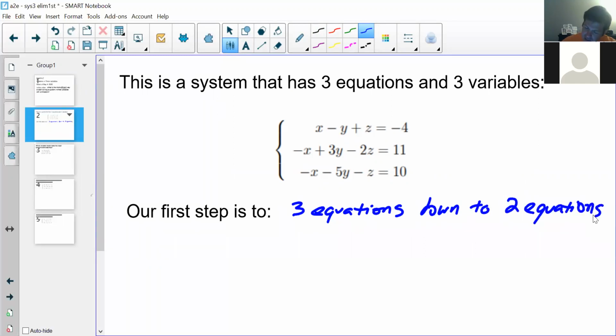So kind of like what we did last week with elimination, our hope here early on is to eliminate one of the variables. And which variable that is doesn't technically matter. What I'm going to do here is explain to you, hopefully, some shortcuts to figuring out which variable would be the easiest one to get rid of first. So we're going to eliminate one of the variables.